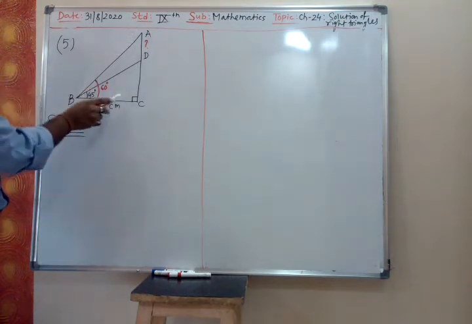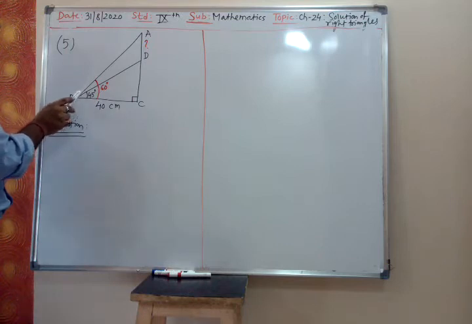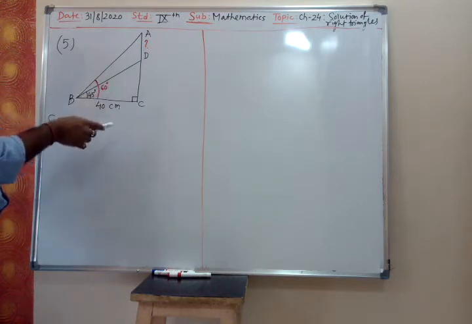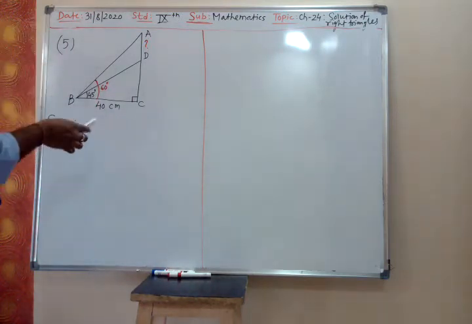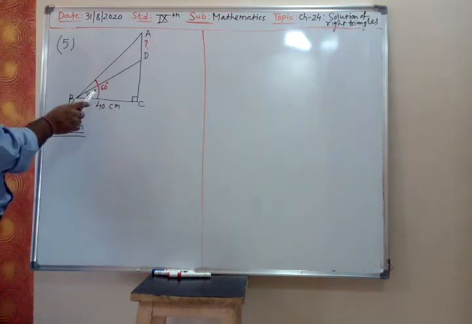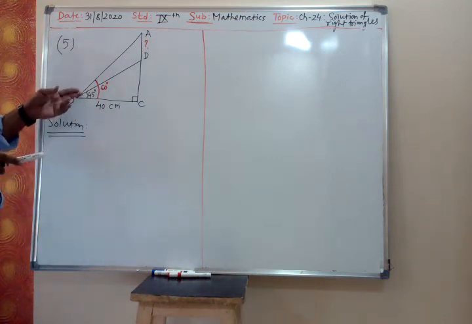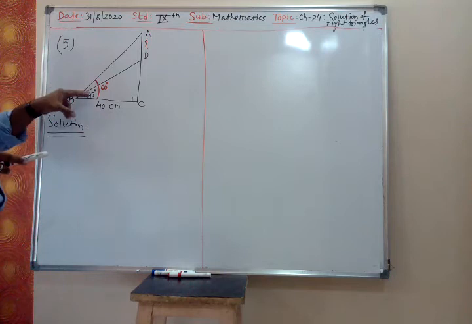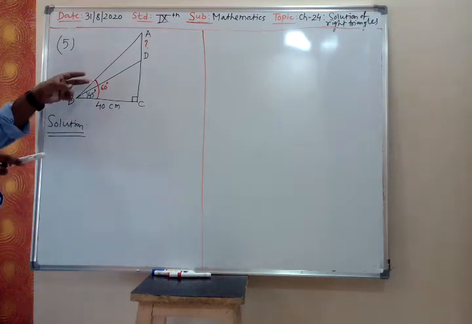For bigger triangle ABC, the reference angle B is 60 degrees. Then we have another right angle triangle DCB. In that the reference angle is given 45 degrees. So B is the reference angle for both the smaller triangle as well as the bigger triangle.